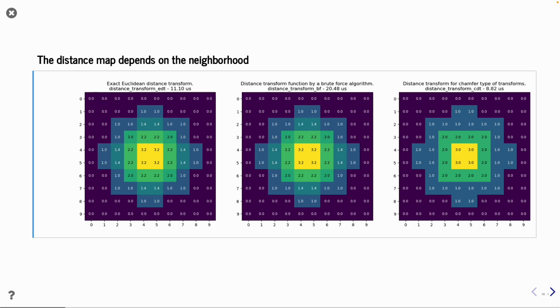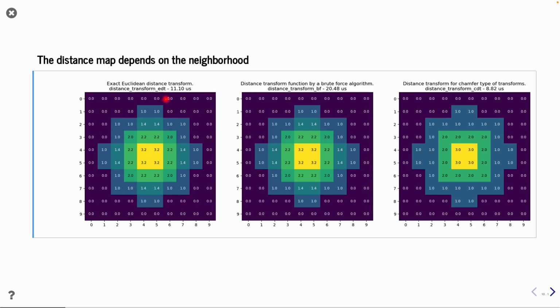Then when we compute this, there are different algorithms to do it. And if we use different ones, let's see now. Yeah. This is the Euclidean distance transform. This is the brute force distance transform. Oh wait, I think the labeling is strange now, or I'm one step before. Yeah.